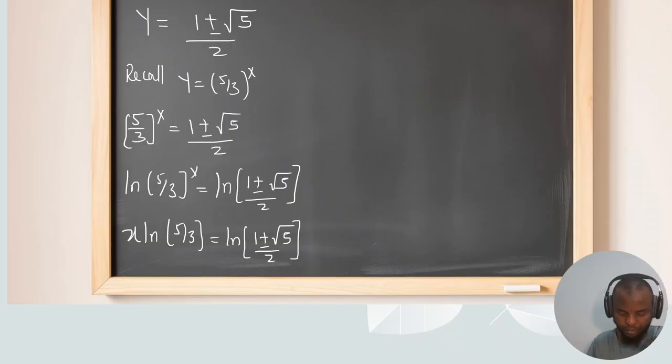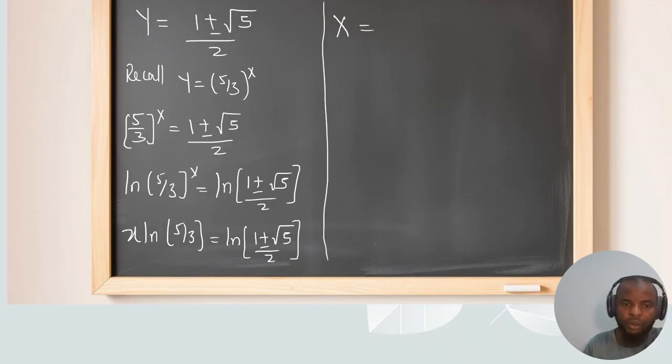Solving this further, you can have your x equal to what? There's something we need to take note of here. Let me just write this as ln of 1 plus or minus root 5, minus ln 2.